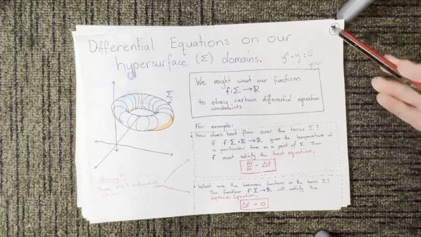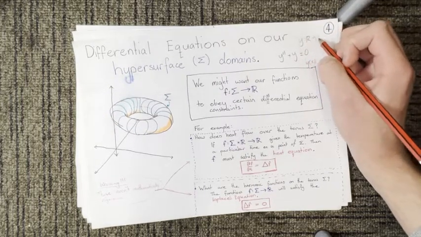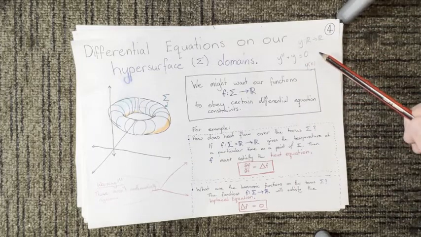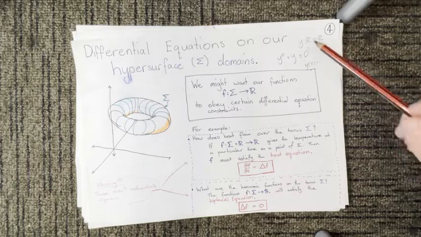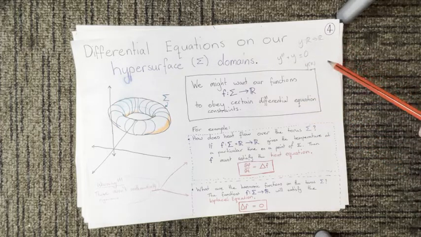Now that y is a function from R to R. And so we solve our differential equation using maybe the boundary conditions or whatever, and you use the fact that y is a function from the real line to the real line. And then you get some result.